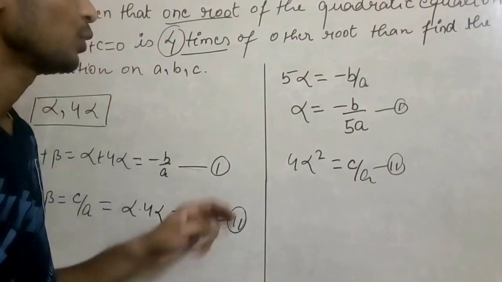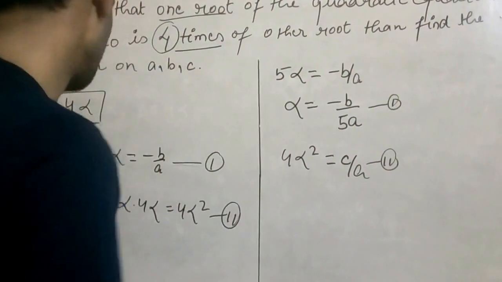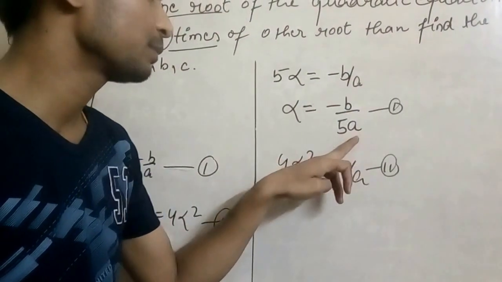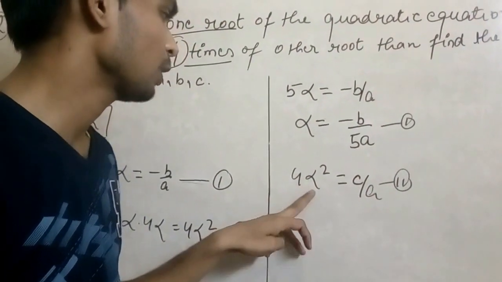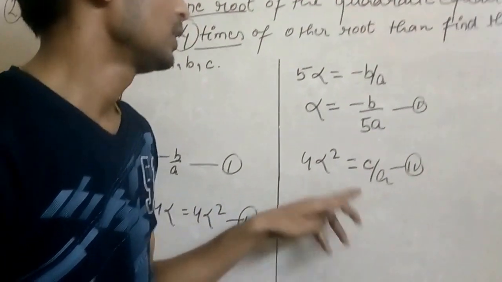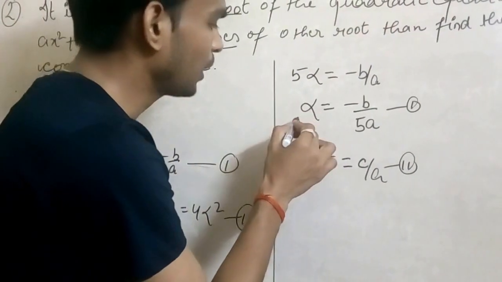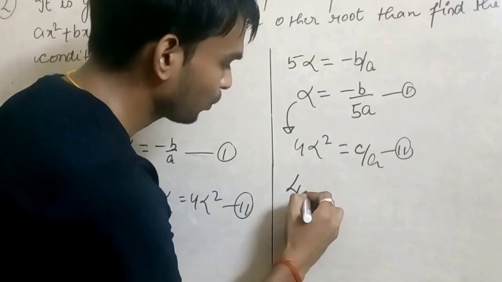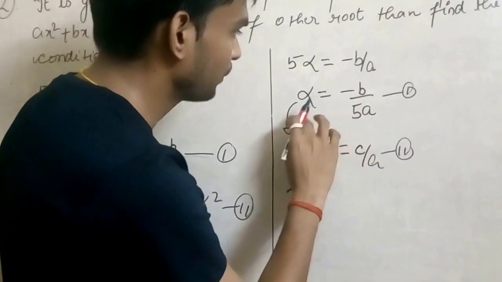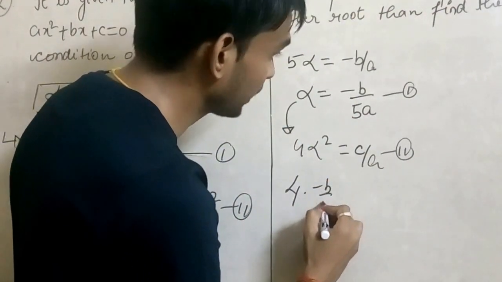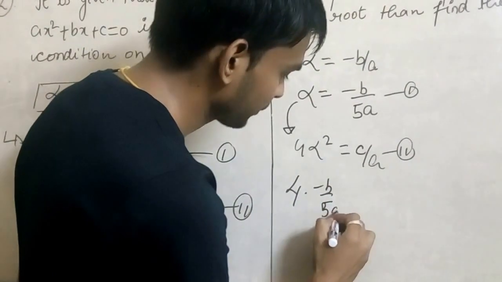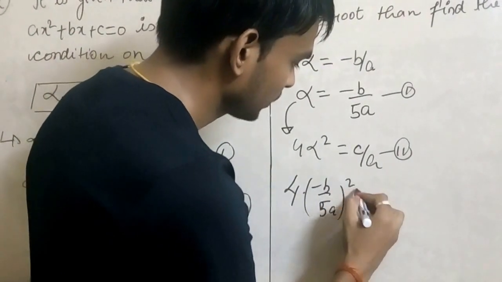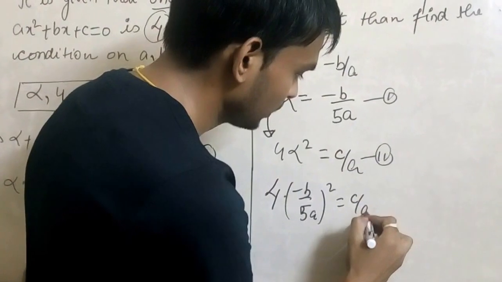Okay, so we know that from the first equation we get alpha equals minus b by 5a, and 4 alpha square equals c by a. So if we put the value of alpha in the second equation then we get 4 into (minus b by 5a) whole square equals c by a.